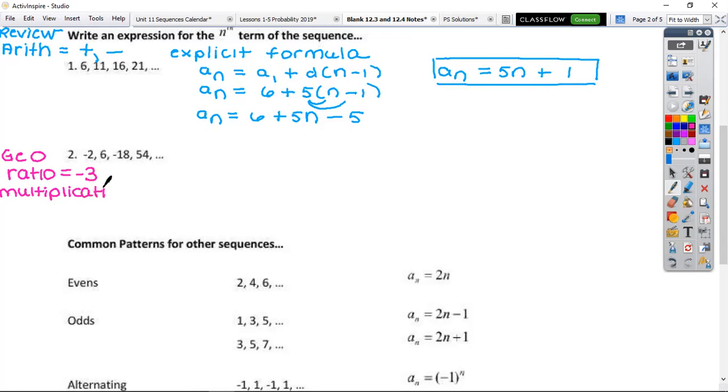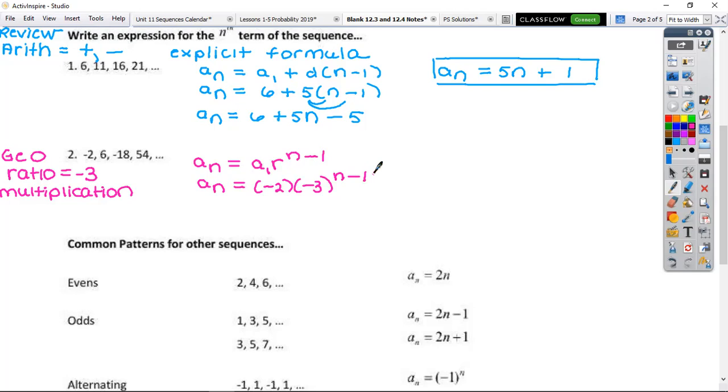So multiplication. So I have a sub n equal to a sub 1 times r to the n minus 1. So we have a sub n equal to -2 times -3 raised to the n minus 1. And it's okay if you just leave it like that. So you don't have to go any further. You don't have to distribute that exponent. How's that one? Still okay?